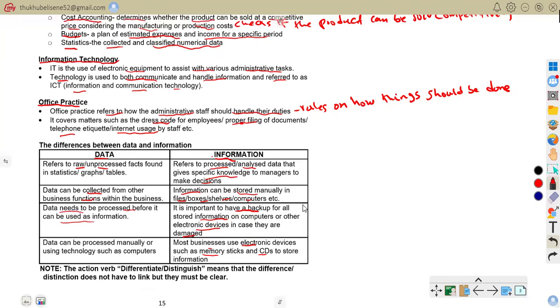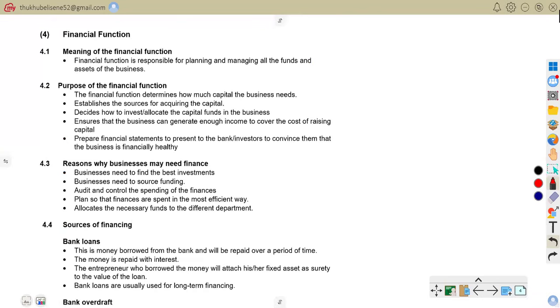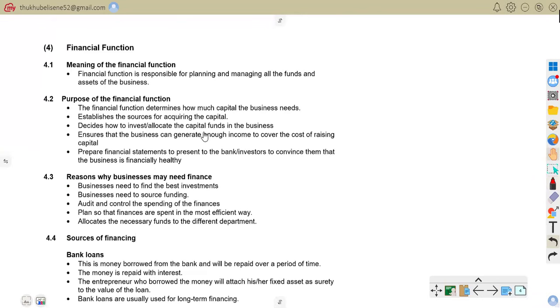Now let us move on to the financial function, and its meaning. The financial function is responsible for planning and managing all the funds and assets of the business.